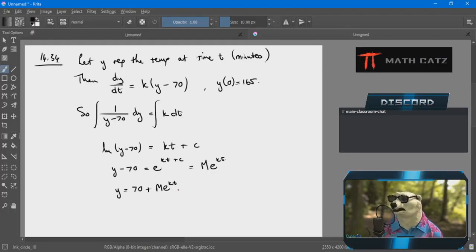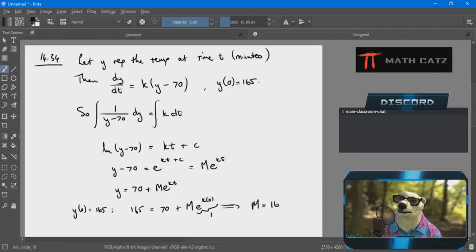You can put the 70 at the back, it doesn't really matter. Then I'll use the fact that at 0 I had a 165-degree turkey. So 165 for y gives me 70 plus my integration constant e to the k times 0, which is 1. And this gives me my m as 165 minus 70.